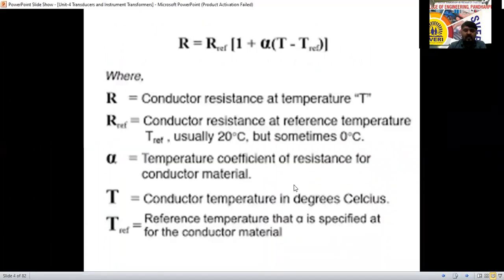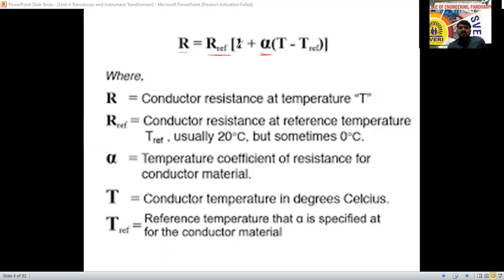See here, this is the formula we are going to consider. This is the total resistance, that is the change of resistance, where the reference resistance is nothing but the initial resistance, times 1 plus alpha, that is the RTC factor, times the change in temperature, final minus initial temperature.